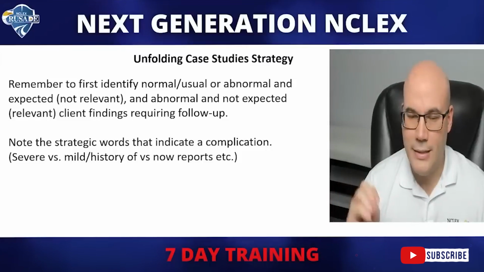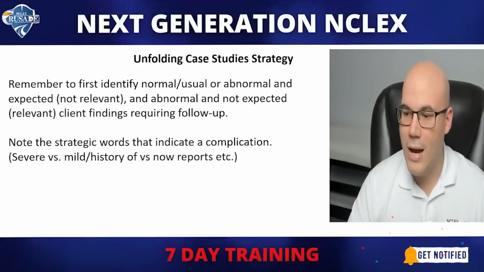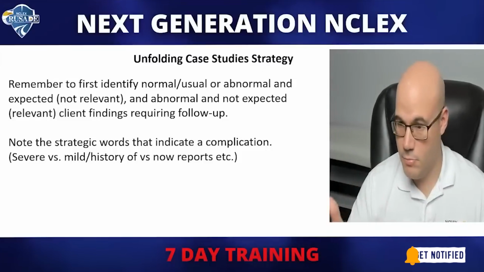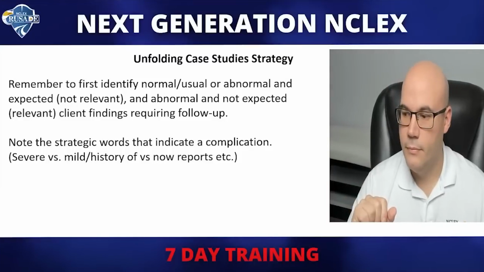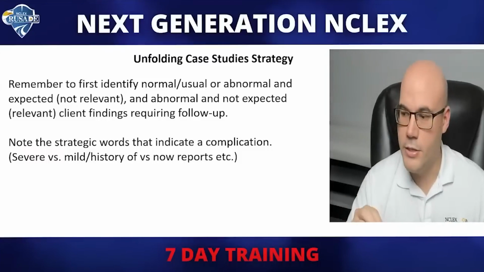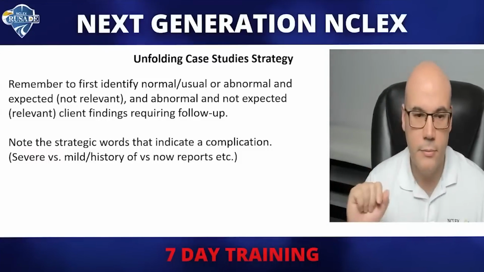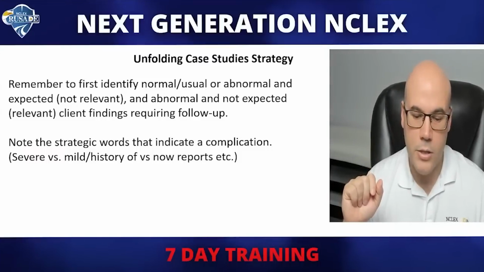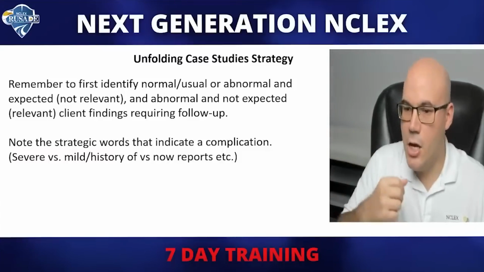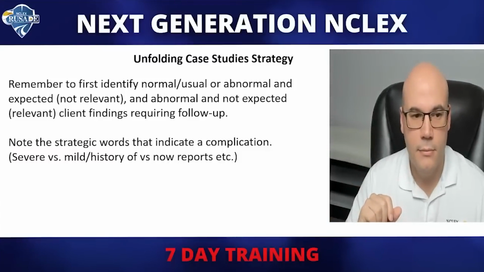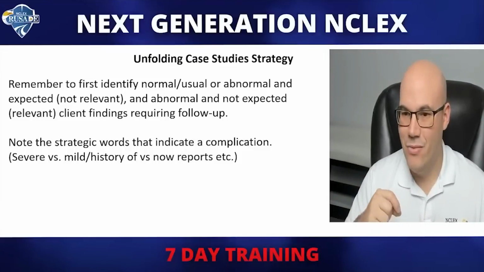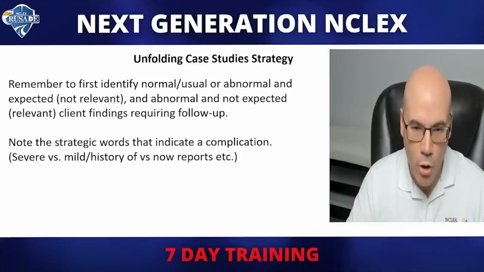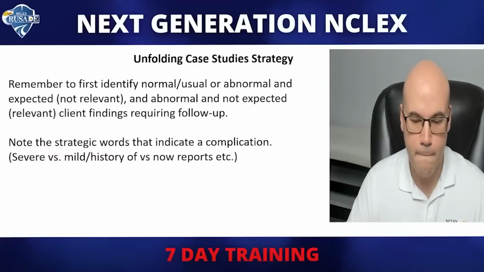Look at strategic keywords to identify complications, severe versus mild, history of versus current reports. Keywords such as suddenly, increasing. Those keywords will tell you if the information is relevant, important, or not important.